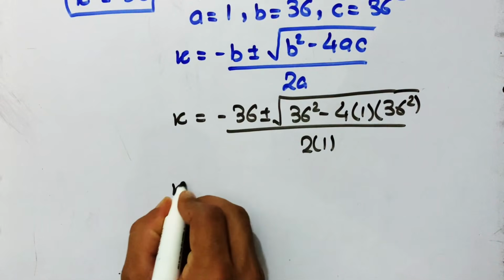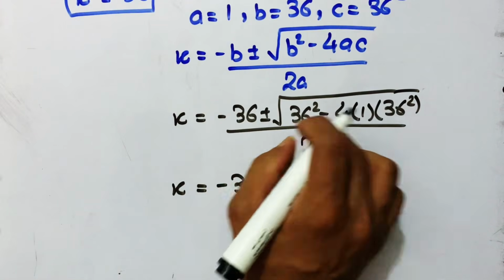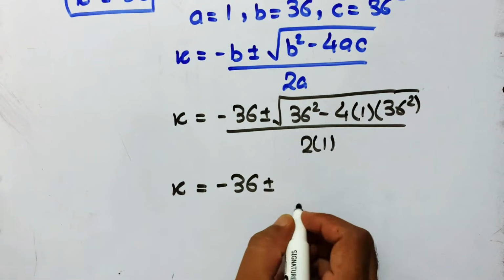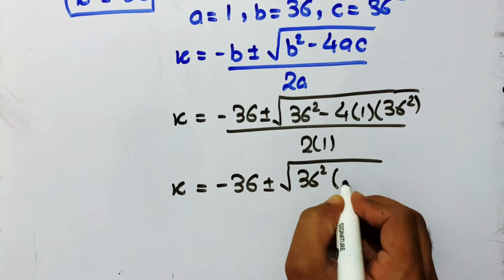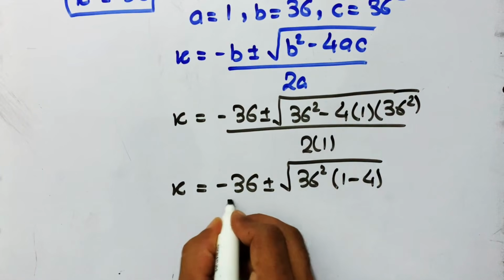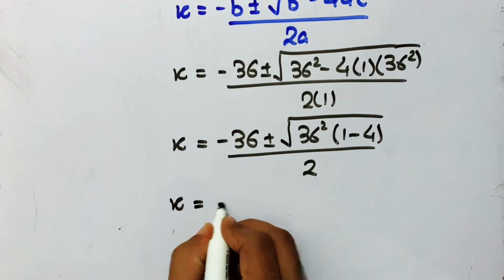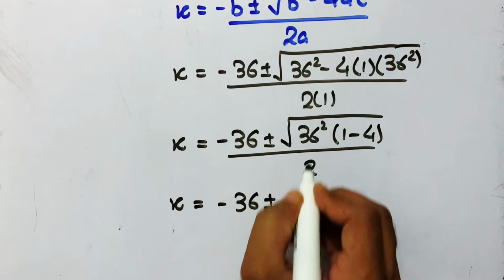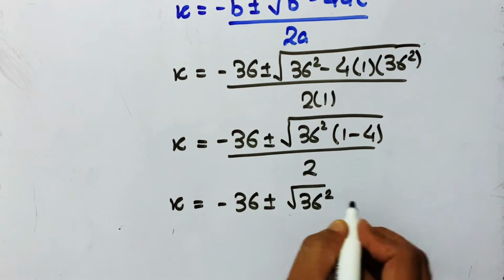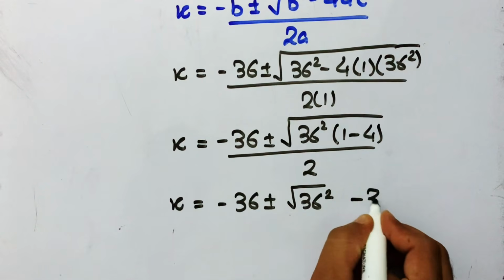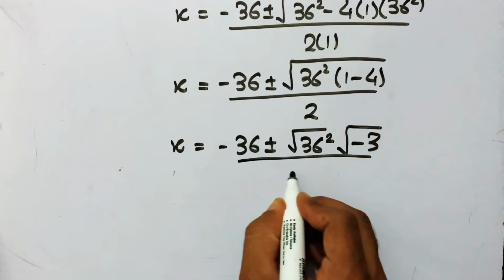So x equals minus 36 plus or minus, if I take 36 squared common, the remainder is 1 minus 4, divided by 2. Separating out the square, x equals minus 36 plus or minus the square root of 36 squared times minus 3, divided by 2.